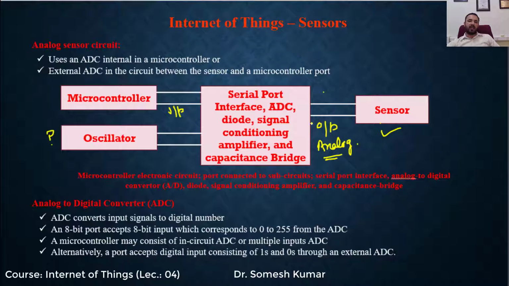After that, the temperature is converted to an 8-bit input. 8-bit input means the range of data should be 0 to 255. So the output of this temperature sensor is given to the ADC, and this analog to digital converter converts the temperature into an 8-bit or 12-bit input, and the microcontroller senses this 8-bit or 12-bit output of your ADC and gives the output accordingly.